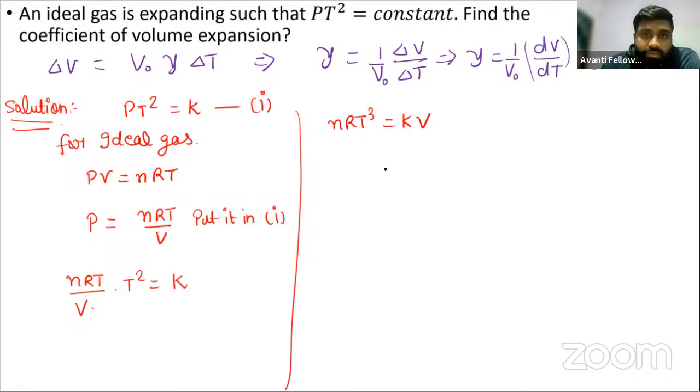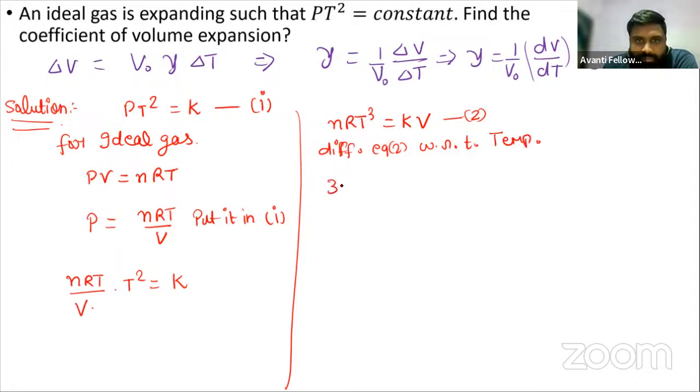Now if you differentiate this with respect to temperature, differentiating equation 2 with respect to temperature, what do you have? You have 3nR, where nR is a constant, T square equals K dV by dT.